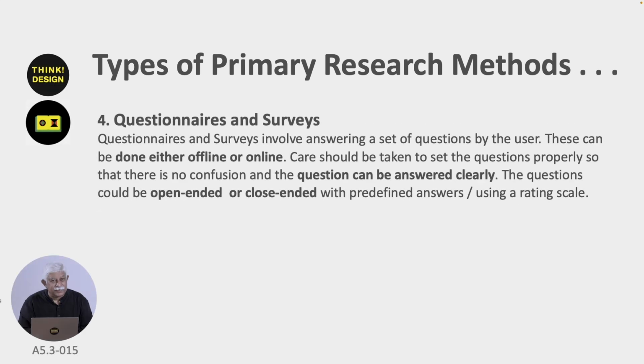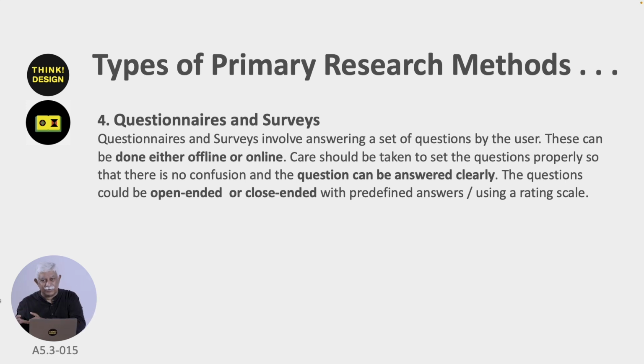So the fourth method is administering a questionnaire. So you set a set of questions, and this can be done online through the internet or offline. You can even make phone calls and do these conversations and ask questions. So you need to find out where you need information with respect to your subjects.